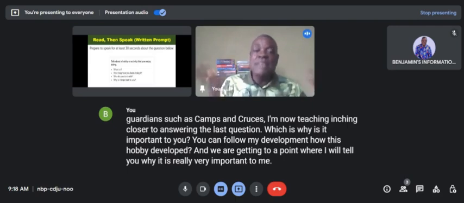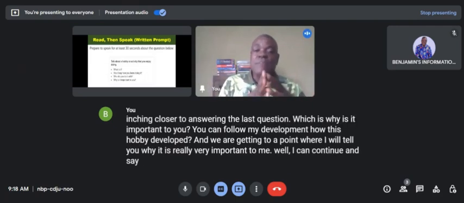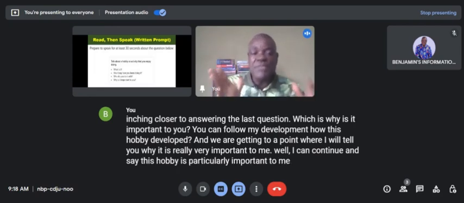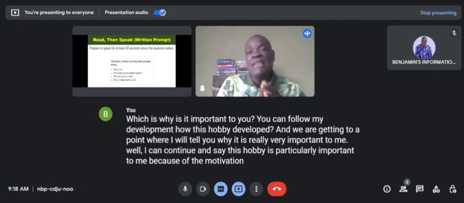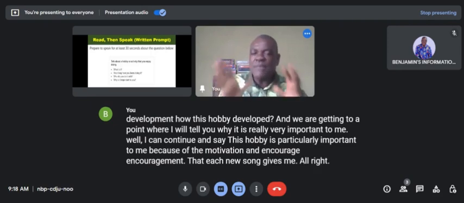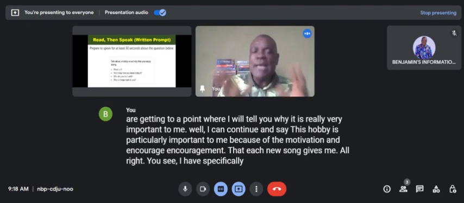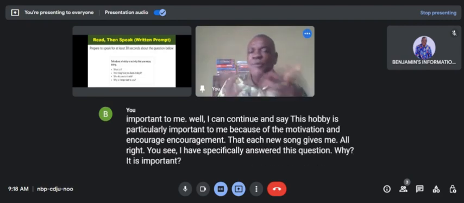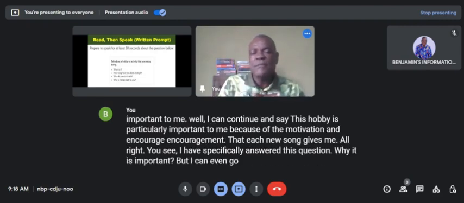Then I can continue and say, this hobby is particularly important to me because of the motivation and encouragement that each new song gives me. All right? You see, I have specifically answered this question, why it is important. But I can even go further.